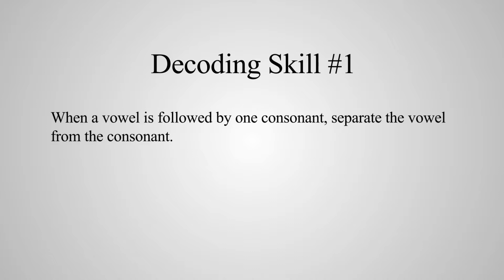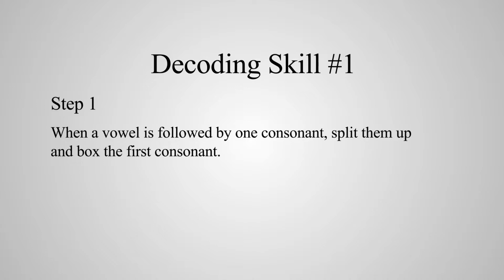Let's look at step 1 on page 35. Step 1 says when a vowel is followed by one consonant, split them up and box that first consonant. So here we see the word hotel, which we all know. Vowel O is the first vowel we see.